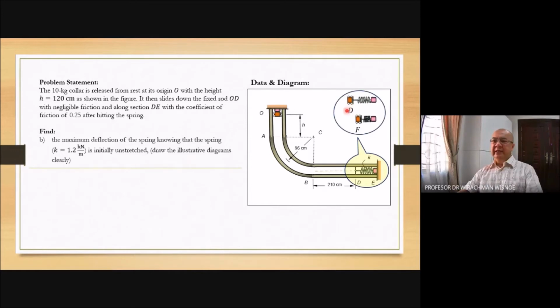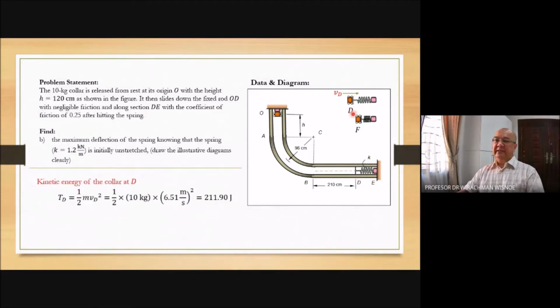Initially D, and the final I put F. So this is about displacement from D to F. The velocity at D is going to the right, so the kinetic energy you just calculate from the velocity at D, which you know previously. At F, it stopped. No more velocity. The kinetic energy is zero.